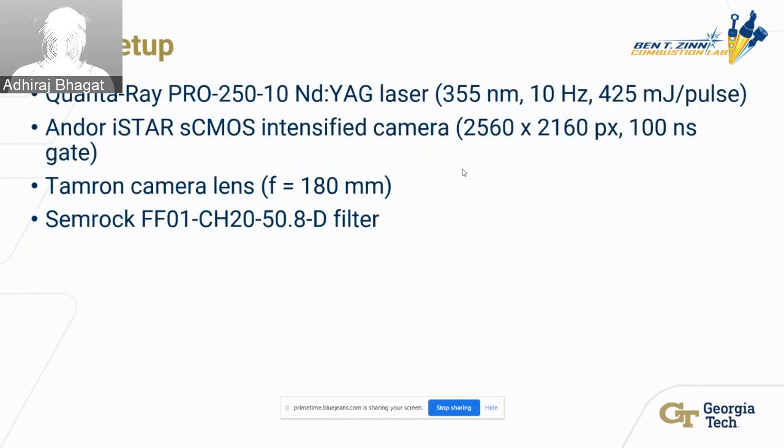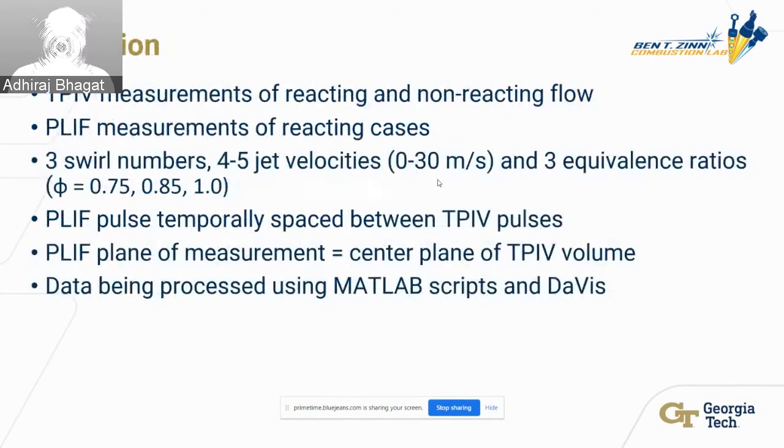For the PLIF setup, we used another laser, this time of 355 nanometers, so it could excite formaldehyde. We had an intensified camera, as I mentioned before, a camera on a lens, and then our filter again was a bandpass filter to ensure that we'd only get fluorescence from our formaldehyde species. Finally, for general operation, we measured ThermoPIV for reacting and non-reacting cases and compared the data from both.